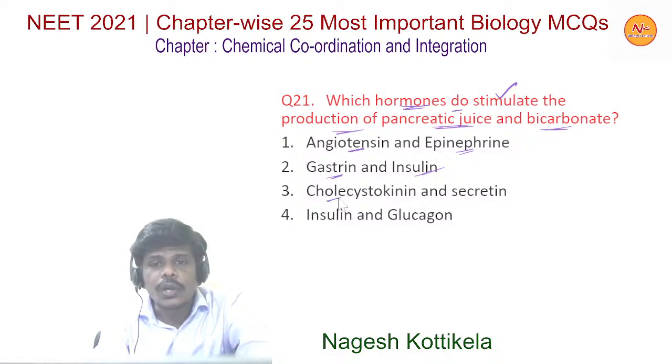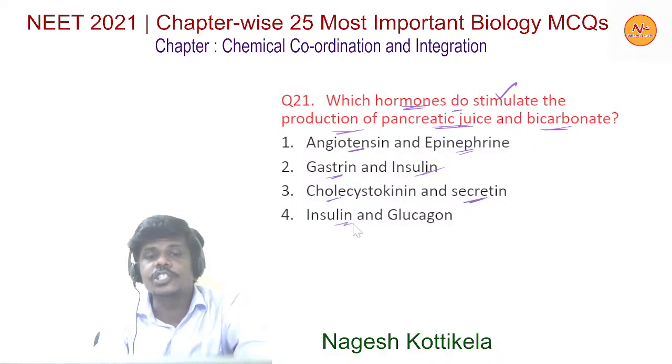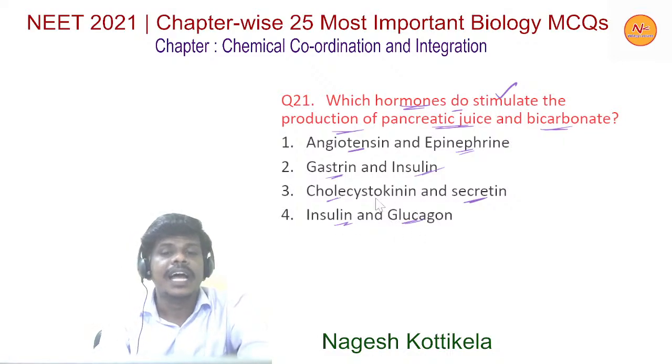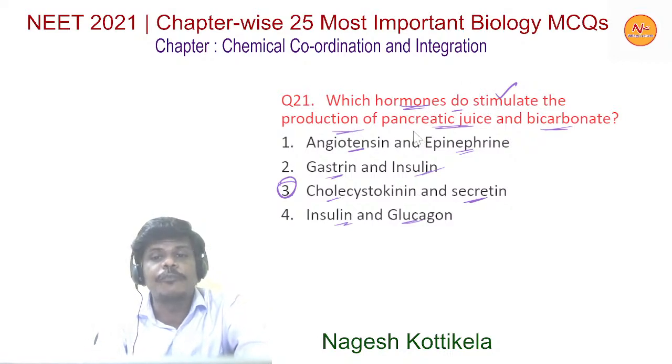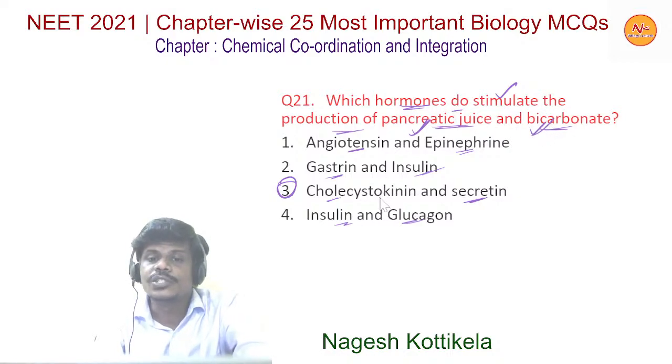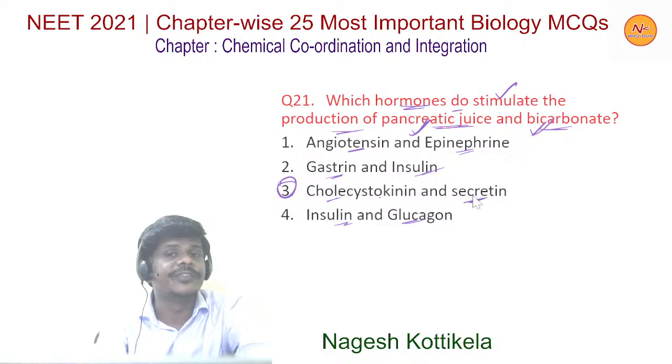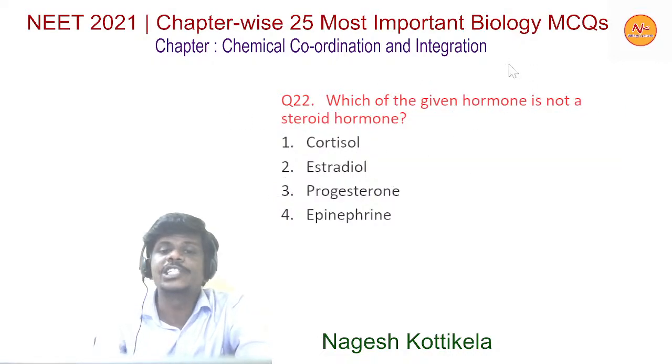Option 3, cholecystokinin and secretin. Option 4, insulin and glucagon. And here the right option is the third one. Hormones that stimulate the production of pancreatic juice and bicarbonate are cholecystokinin and secretin. Okay.